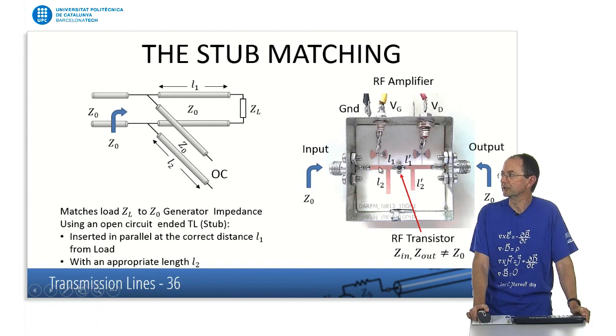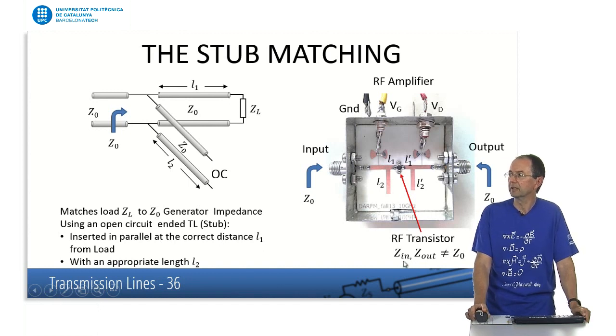You see here, this is the microstrip 50 ohm transmission line. And you see here the input port of this transistor has an impedance which is not Z0. It is different from the transmission line. So if we do nothing about it, we will have a reflection here on the input port. Also, the output port is the same. The output impedance is not Z0, so we will have a reflection here at the end. So we have to correct for this.